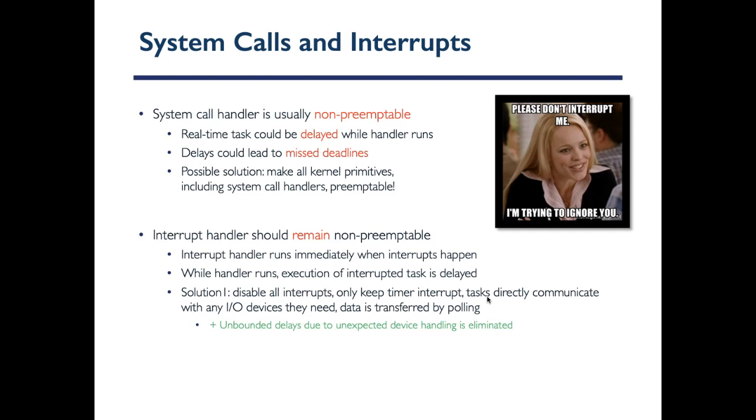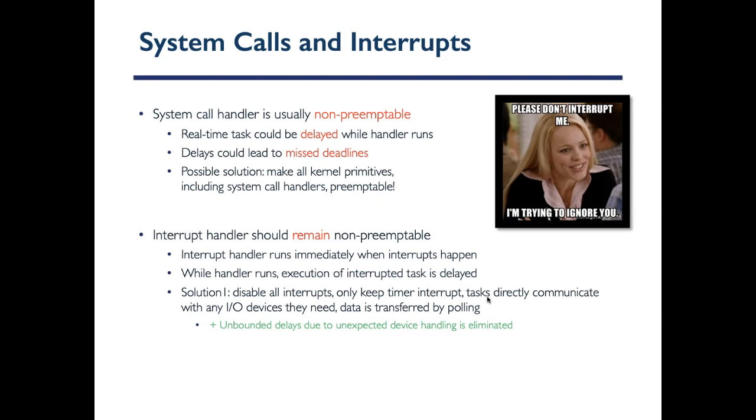Let's say you're running your task and then an external event happens. Based off of how many events happen during your execution time, the execution time basically changes. And because you cannot control external events, the execution time of your task is basically not predictable. Now, one solution is to just disable all the interrupts altogether. Don't let them even happen.